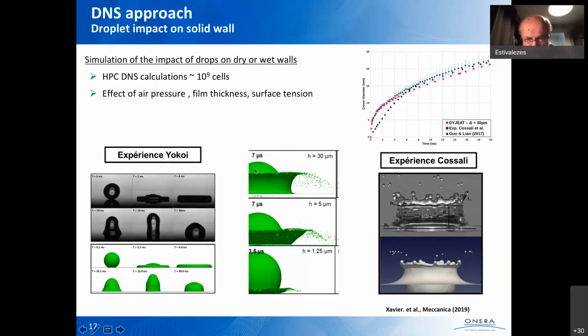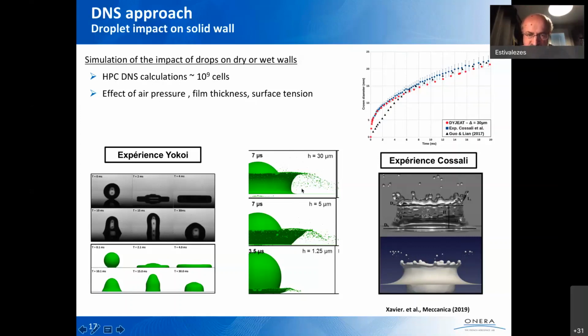So in this simulation, the idea was to check the influence of the remaining liquid film. So this is the thickness of the film in terms of microns. The droplet is about 300 microns. So this is a tenth of the droplet diameter, and this is 5 micrometers and 1 micrometer.